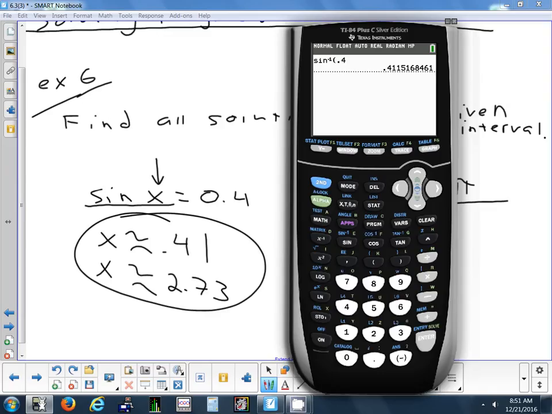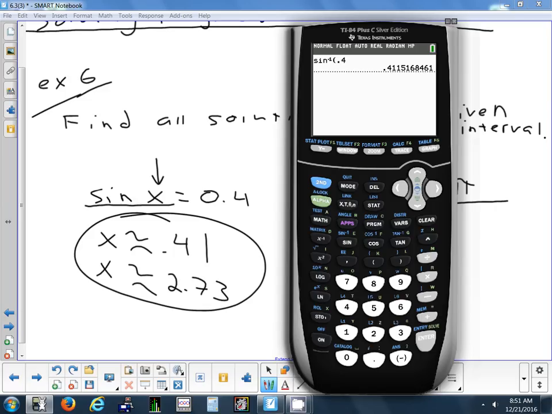But how about this second answer? Anybody know where that's coming from? There's a way I can do something with that number to get that answer. Nope, you actually would subtract that number from something, 0.41.